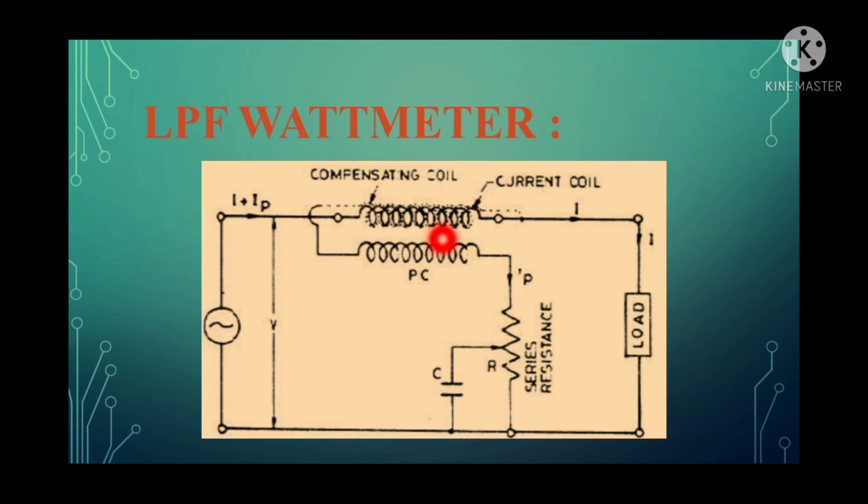So to avoid the damage of this pressure coil, we connect a compensating coil in series with this current coil. So this compensating coil will eliminate the effect due to the increase in current through this pressure coil. So this is the modified circuit of this electrodynamometer wattmeter into a LPF wattmeter.